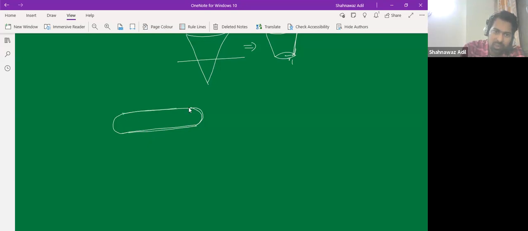So what shape is this? Two hemispheres plus a cylinder. Yes, good.